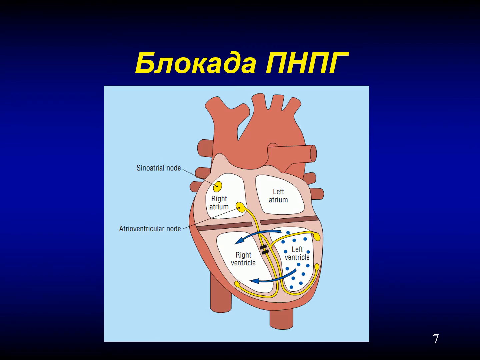Bundle branch blockage. The first variant is right bundle branch blockage. In this case, we have blockage of the right bundle branch that is responsible for the right ventricle.